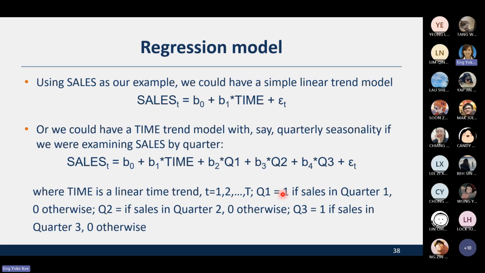There are 2 distinct ways. One is to use the additive, one is to use the multiplicative. So this is classical. Later on, as time goes by, people started to use regression analysis to model this kind of component. So how do you use regression analysis to go about the classical approach?